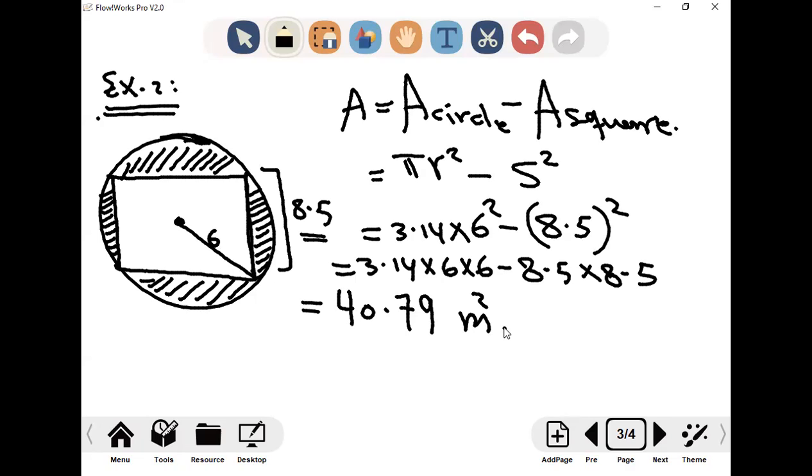Look at the book. How did the book solve this question, guys? Look at your book in the example. They make it in steps. Step 1, they found the area of the circle. Step 2, they found the area of the square. Step 3, they subtract the 2 areas.